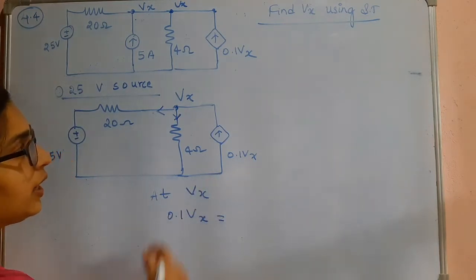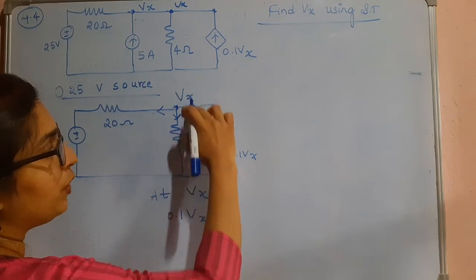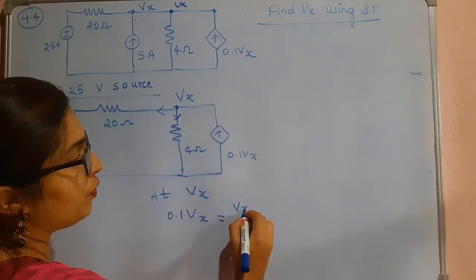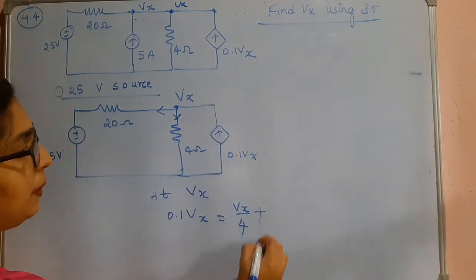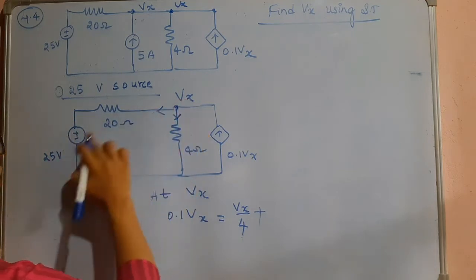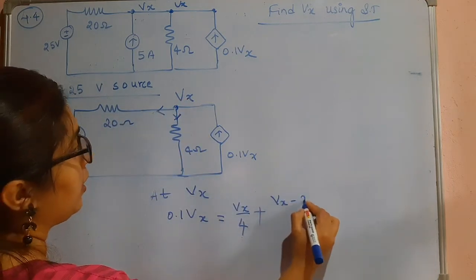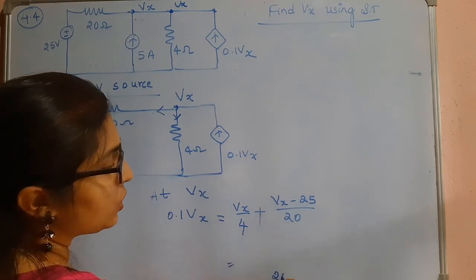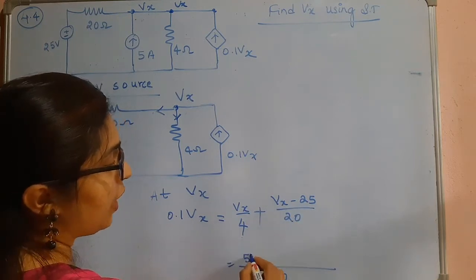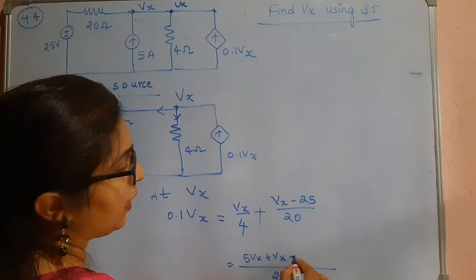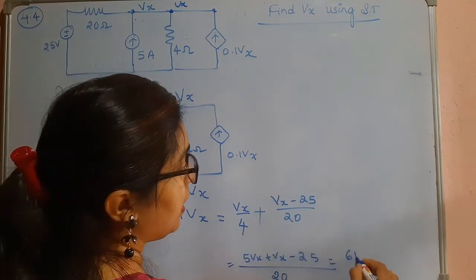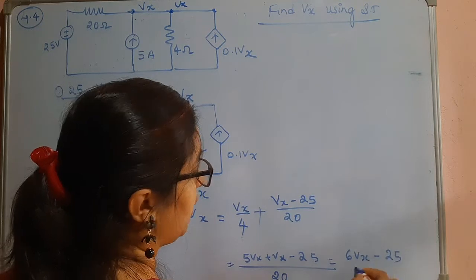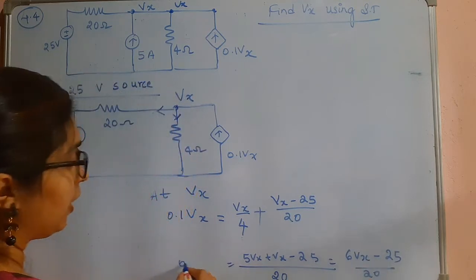The outgoing current is voltage divided by resistance: Vx divided by 4 plus Vx minus 25 divided by 20. Here I will take the LCM, that is 20. So it is 5Vx plus Vx minus 25, which is 6Vx minus 25 divided by 20, equals 0.1 Vx.